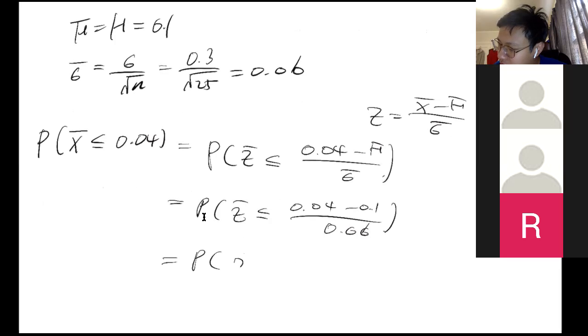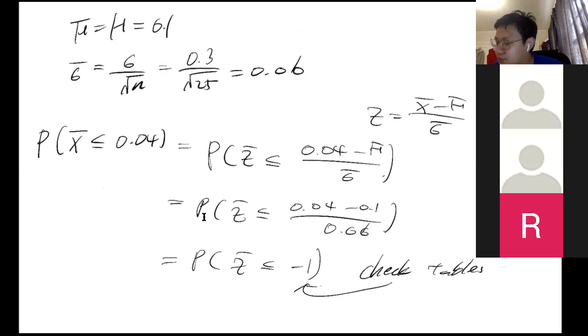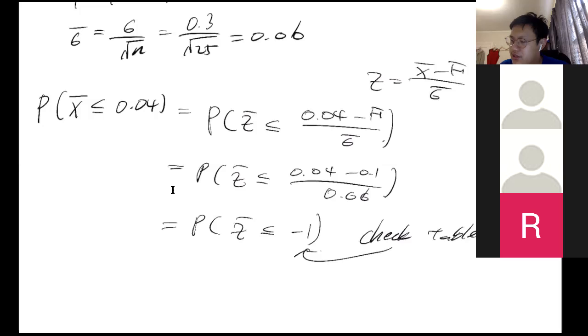So this is the probability of Z less than -1. Then you can check tables to get the result of that. And the result is 0.1387. Okay, so that's all for the quick solution.